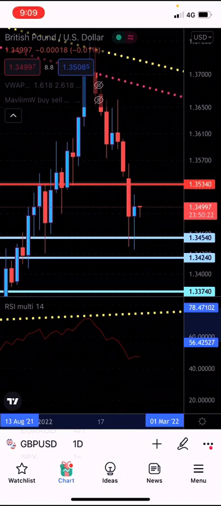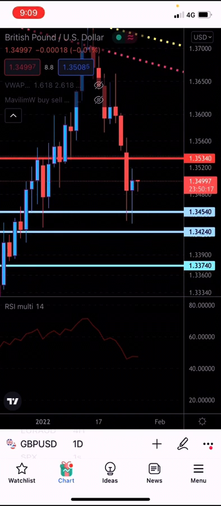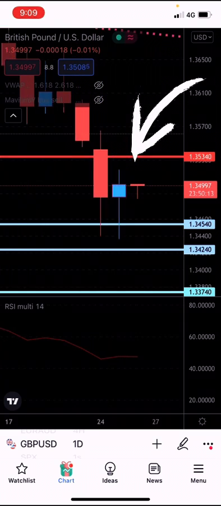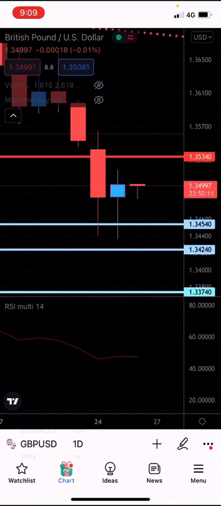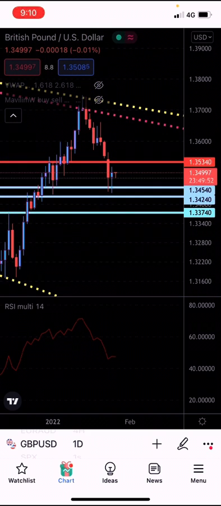Why it doesn't concern me so much at the moment is because we did not get an engulfing candle on the daily. You can see yesterday, this candle took 1 day to make. That candle did not overbear the candle prior. It's still a lot smaller. So I do still think we're going to get some downward action on the GBPUSD.